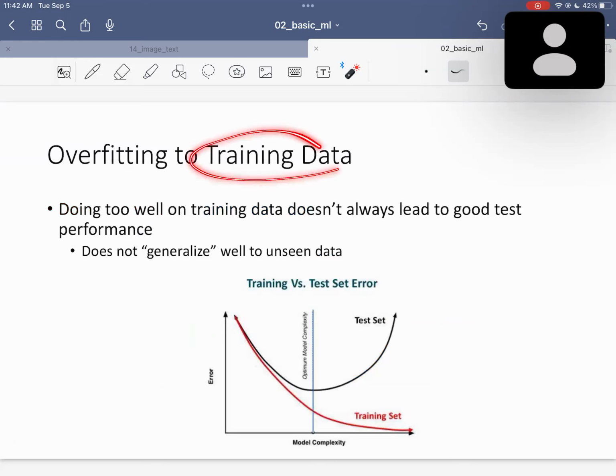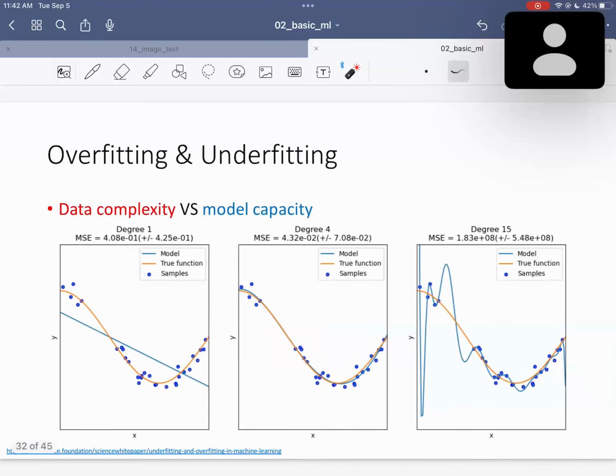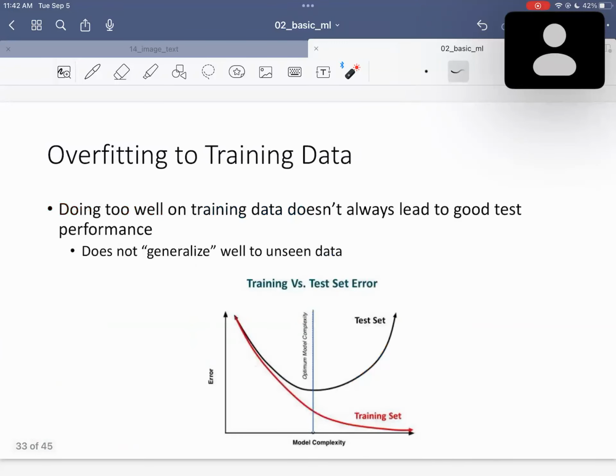Overfitting to training data. This is another important concept. As I said, what we are after is the test performance, not the training performance. When you use a sufficiently powerful model, powerful meaning like degree 15, if you only look for training performance, then you can easily get zero error, meaning zero loss.